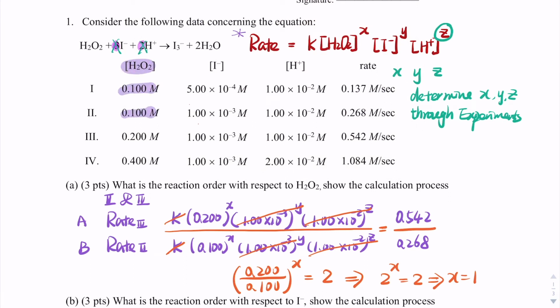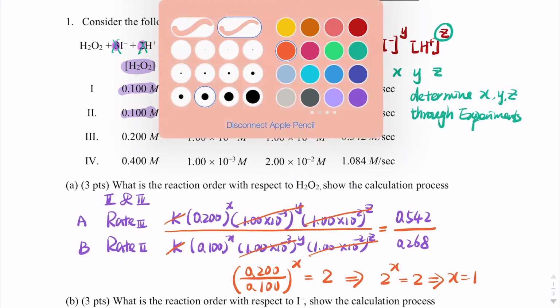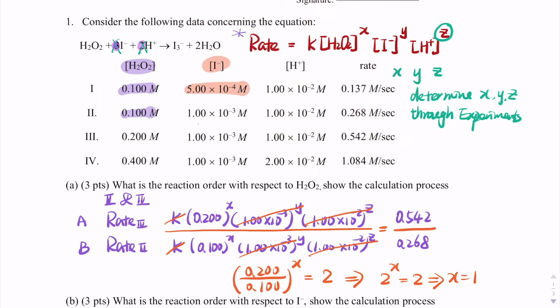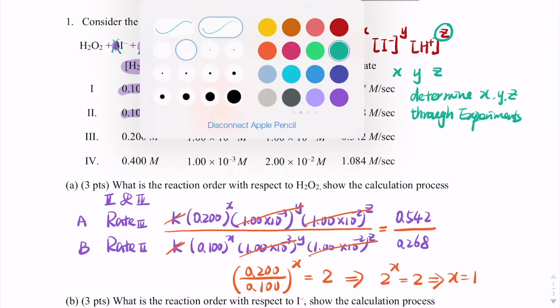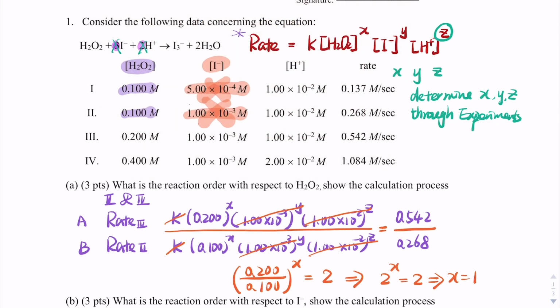And you also need to keep I2 constant, but 1 and 2 don't match. Then you go, what should I do? I don't have other options. But I could do something. Why? Because you already have the order of reaction, x and y, figured out. Don't forget about that. This is something you figured out, that's yours. You already know what it is.